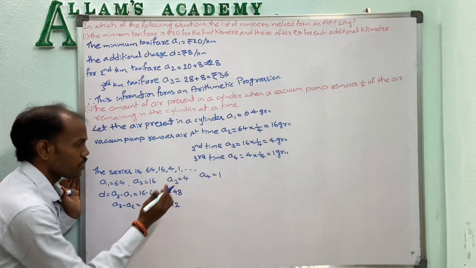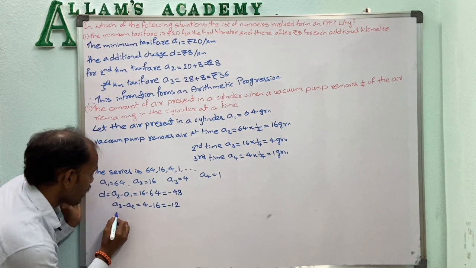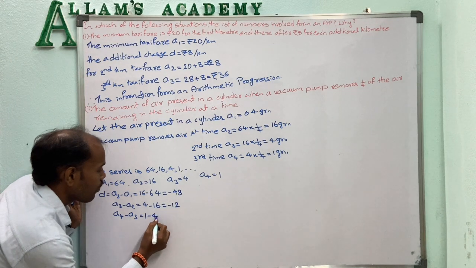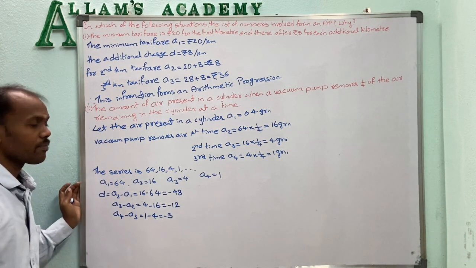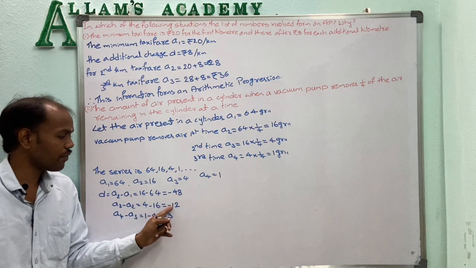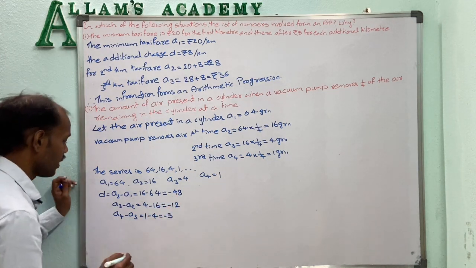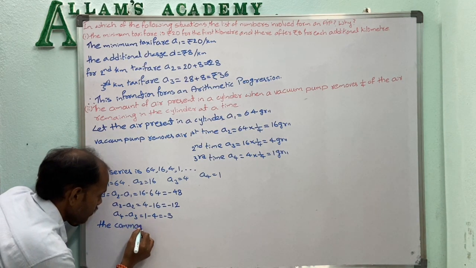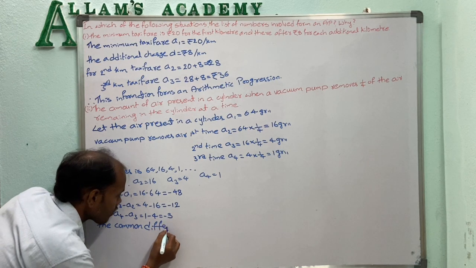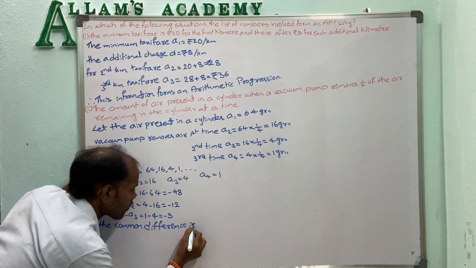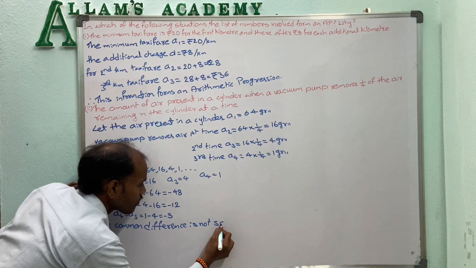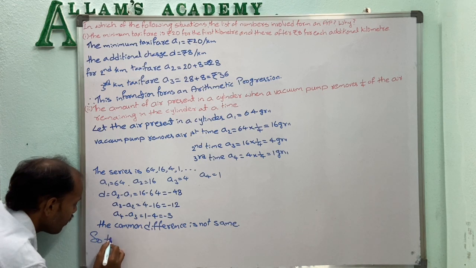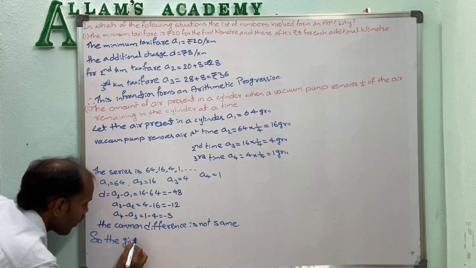Now the next two subsequent terms' common difference we observe, that is A4 minus A3, that is equal to 1 minus 4, which is equal to minus 3. Now here we observe the common difference in all terms is not equal. So the common difference is not the same. So the given information does not form an AP.